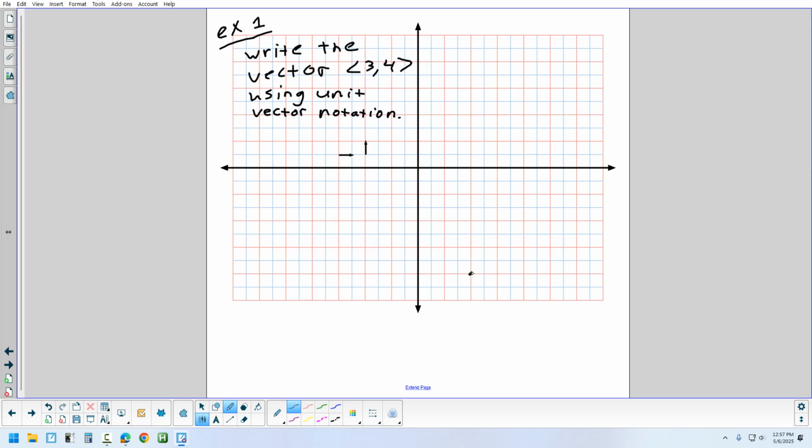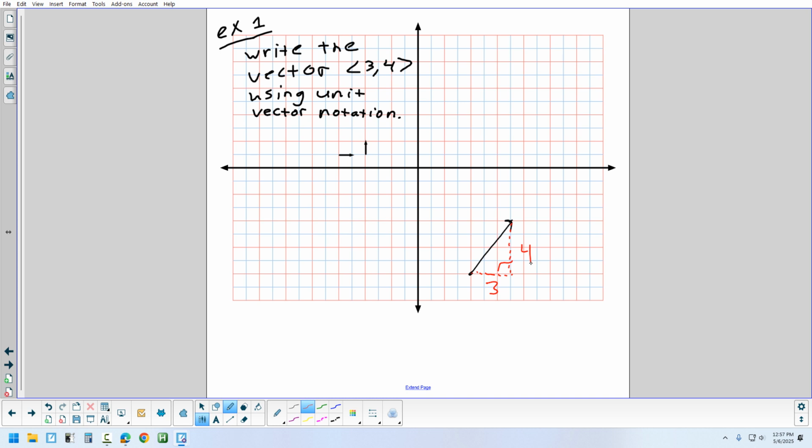Start here, 3, 1, 2, 3, 4. I want to find the length of that. I want to find the magnitude. Anybody remember what shape we made that into? The right triangle. Yep, made it into a right triangle by going like that. And this side's 3, and that side's 4.